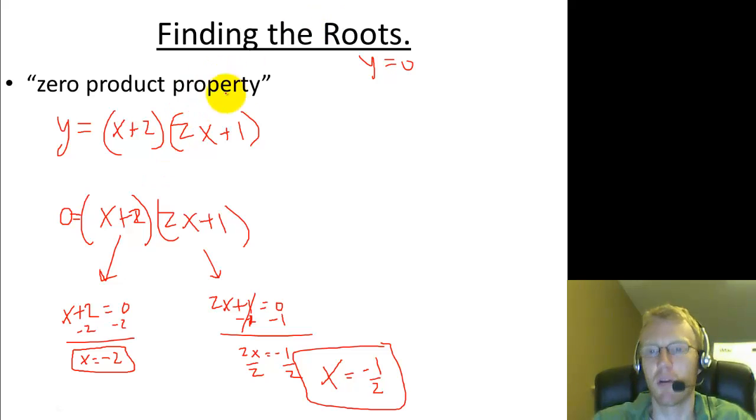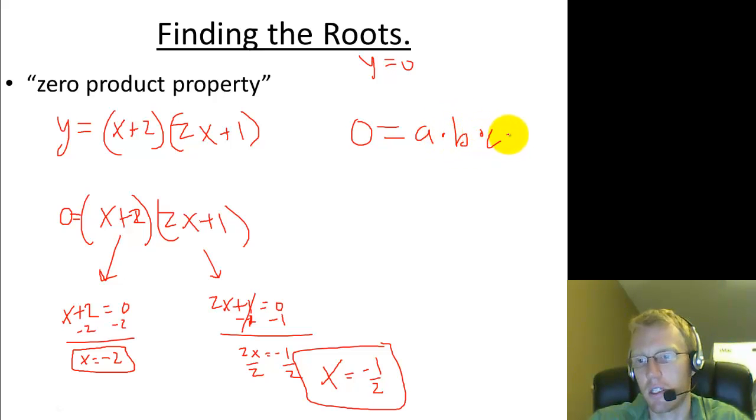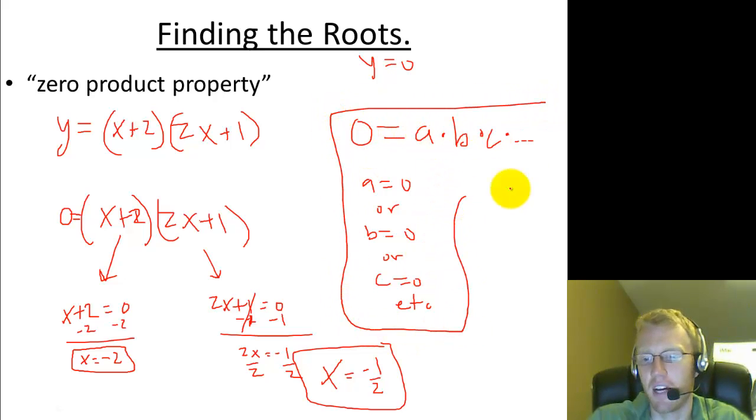So the zero product property says that if you have 0 equals a times b times c times, any product of terms, you have to have a equals 0, or b equals 0, or c equals 0, etc. So in order for things to multiply up to get 0, you have to have at least one of them equal to 0.